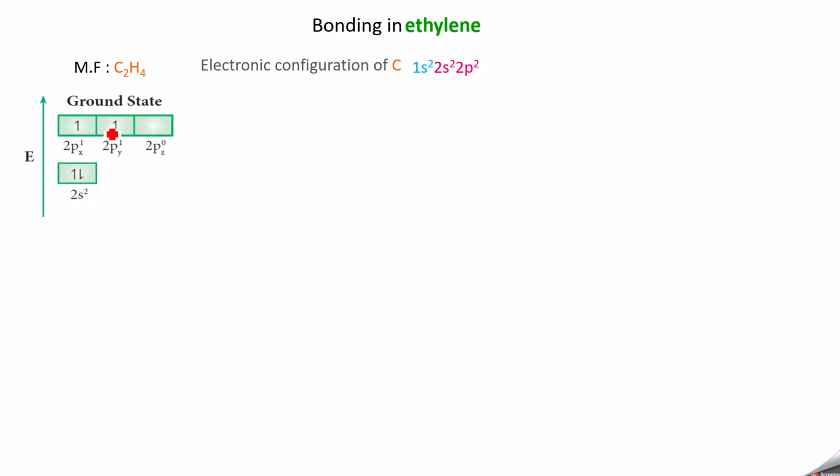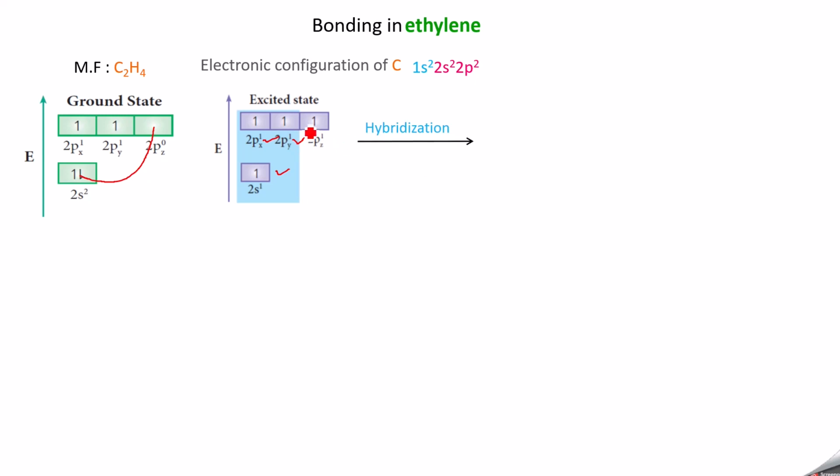Now to show the tetravalency of carbon, you have to go to the excited state. In the excited state, one of the s electrons will be promoted to the pz orbital. So you will have this configuration. Now one s orbital, and this px and this py will undergo hybridization, not the pz.